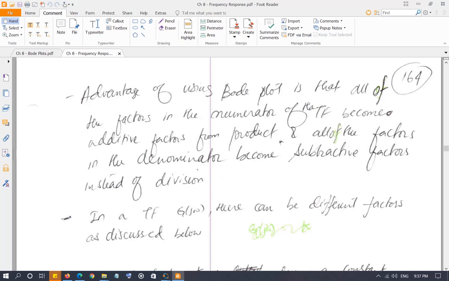And if you plot each individual factor of the transfer function, then you can add or subtract those each individual function on the plot to get the complete Bode plot. That's the biggest advantage of Bode plot, right?